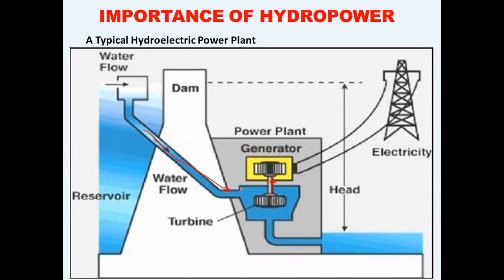At the end of this penstock we provide a nozzle, and from that nozzle a jet of water is going to come out. Now this jet of water is going to strike the blades of the turbine. After the jet of water strikes each individual blade, that blade is going to move forward, and another blade is going to come in its place.